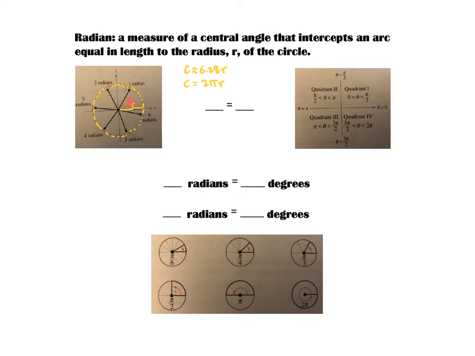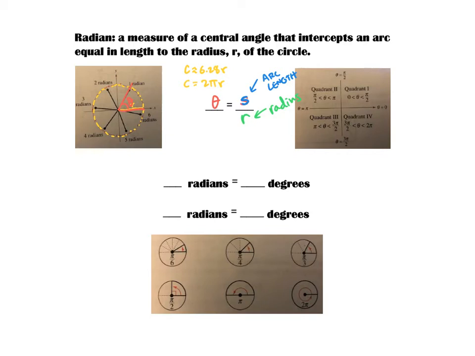For example, this angle right here would be 1 radian. So theta will always be equal to the length of the arc, let's call S the length of the arc, over the radius. So our angle in radians will always be the arc length over the radius.